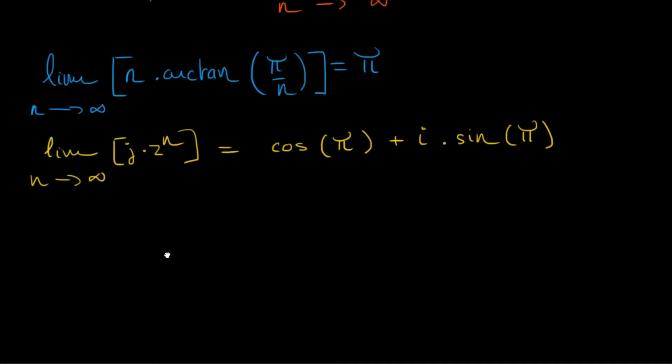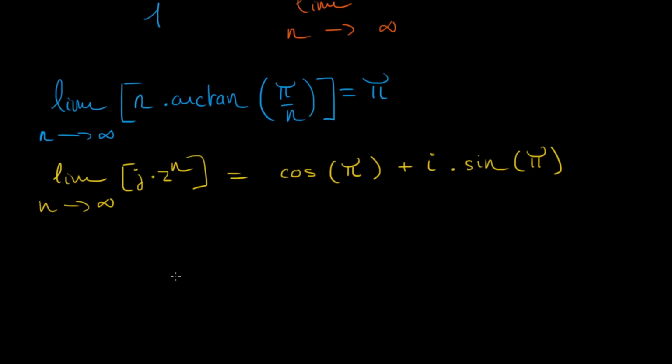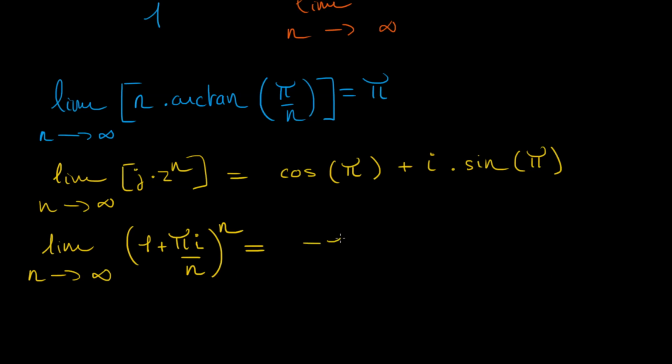So the limit as n goes to infinity of 1 plus pi i divided by n, to the n power, so this is z to the n power, is equal to cosine of pi, so minus 1, plus i times the sine of pi.